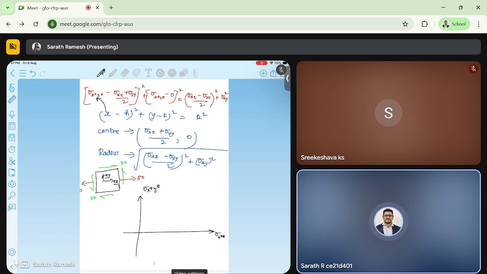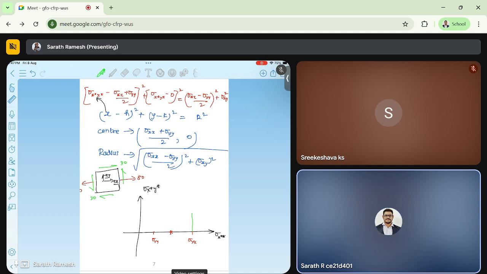Now the center of the circle was sigma xx plus sigma yy by 2. Suppose this is my sigma xx and this is my sigma yy on the x-axis, so my center will come somewhere here. And we have to get the radius. So assume sigma xy is positive on this plane.